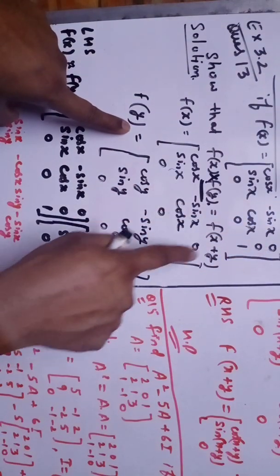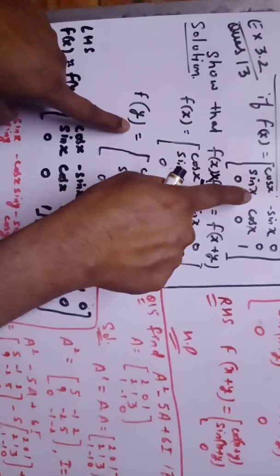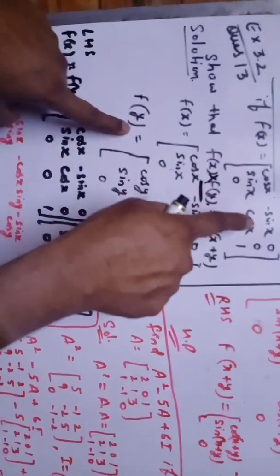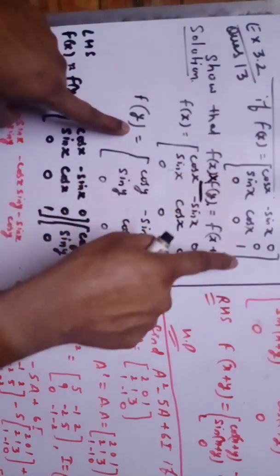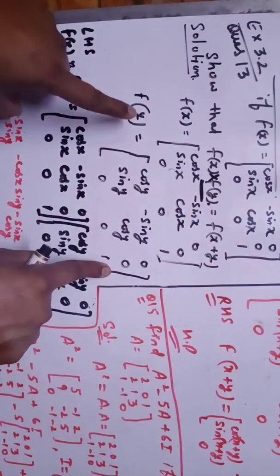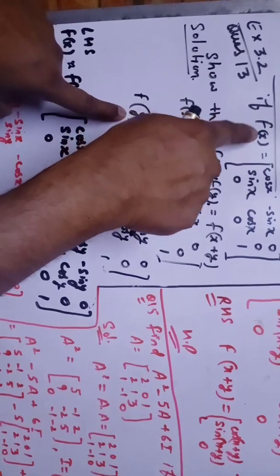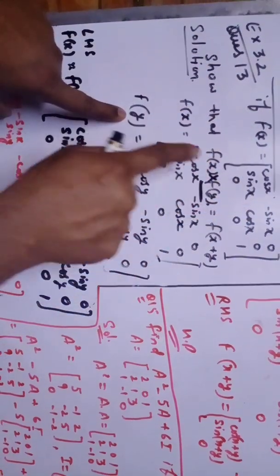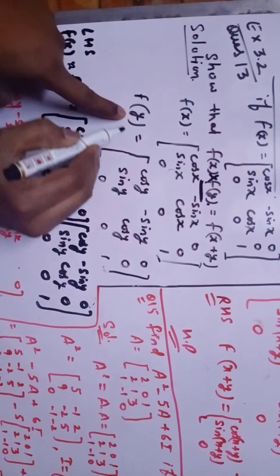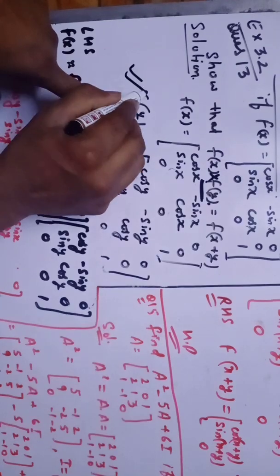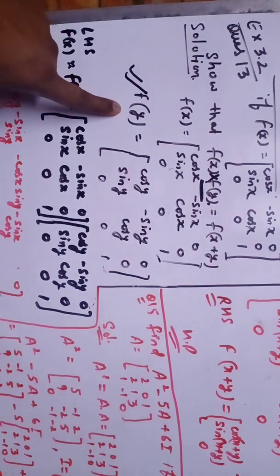Similarly sin x would be sin y, and cos x would be cos y, and then 0, 0, 0, 1. If you have to convert x into y, you have to change the variable wherever x is coming, replacing it with y. So you will get this matrix F(y).